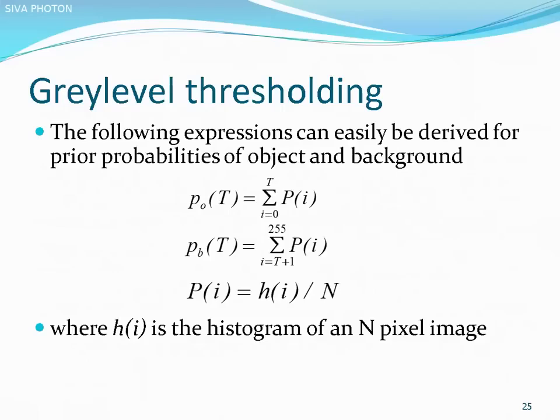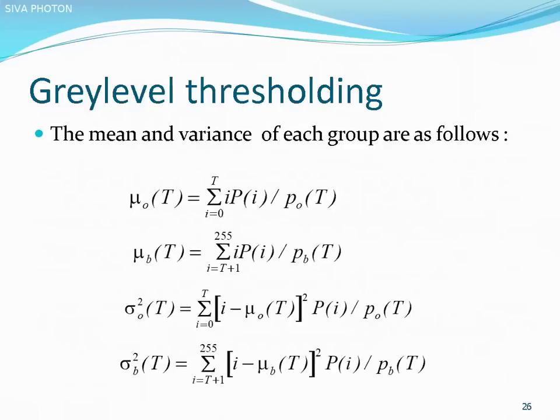Finally, P of i equals H of i divided by N, where H indicates the histogram of an N pixel image. Next, they find the mean and variance. Mean is indicated as mu and variance as sigma. We find the mean and variance for the object as well as the background.